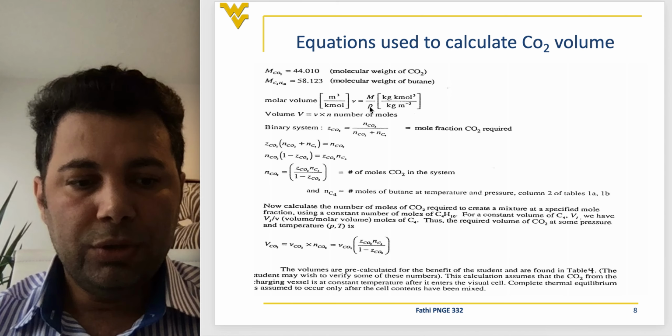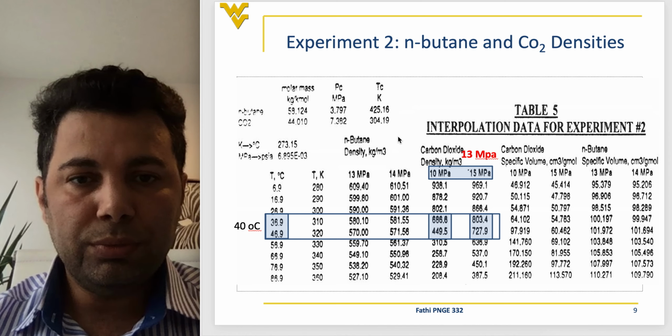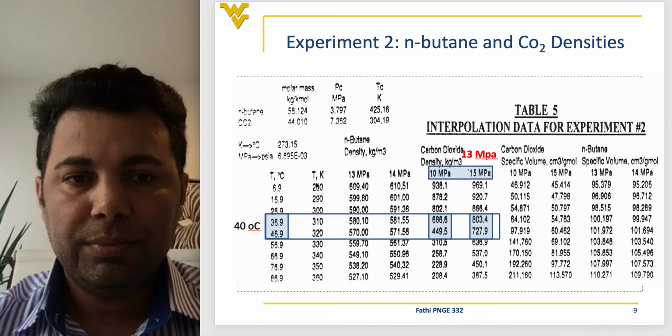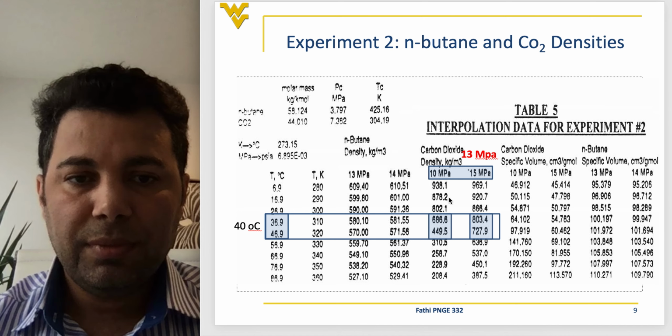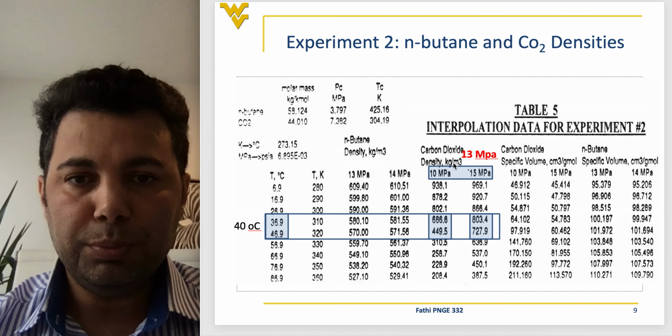To find the density of the CO2, I go to this table. This table, for different temperatures and different pressures, gives you the density of the carbon dioxide in kilogram per meter cube.